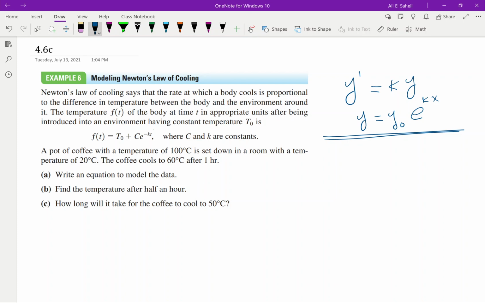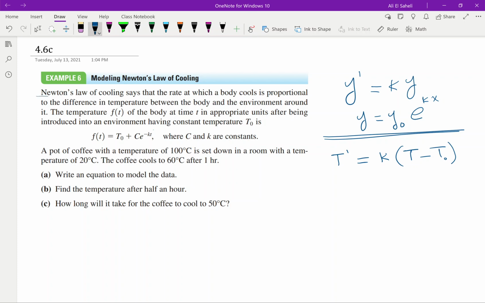In Newton's law of cooling, the rate of change of temperature, the rate of cooling, is proportional not to the temperature, but to the difference between the temperature and the surrounding temperature, the temperature of the surrounding environment, or usually it's called the ambient temperature.